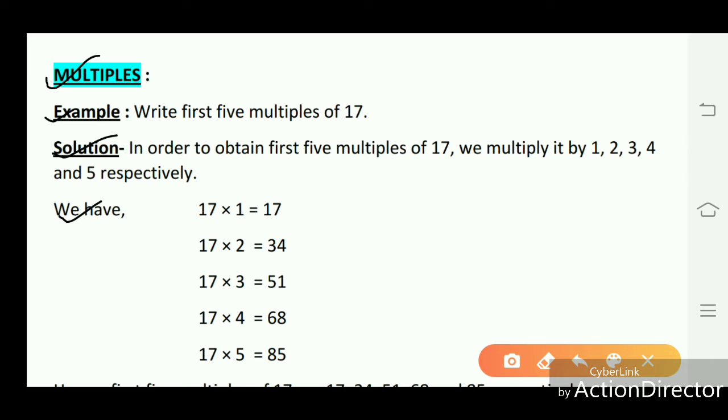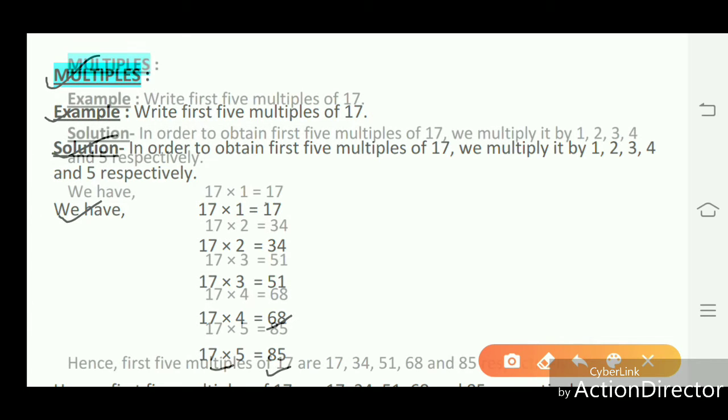We have 17 multiplied by 1 equals 17, then 17 multiplied by 2 equals 34, then 17 multiplied by 3 equals 51, 17 multiplied by 4 equals 68, and 17 multiplied by 5 equals 85.